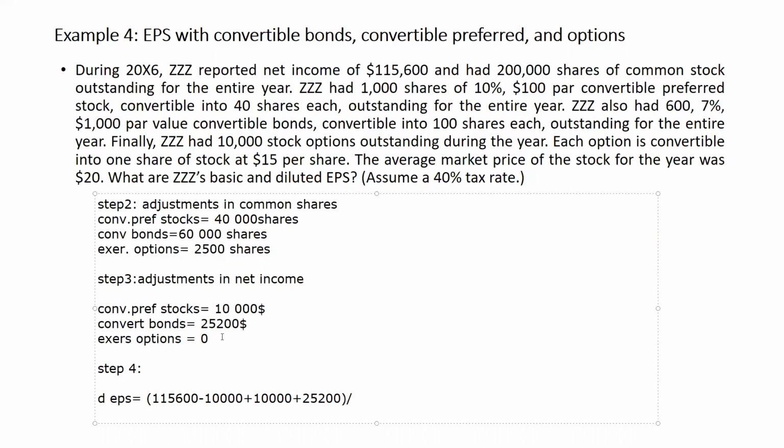And this is all divided by the number of shares: 200,000 basically outstanding, plus 40,000, plus 60,000, and plus 2,500.